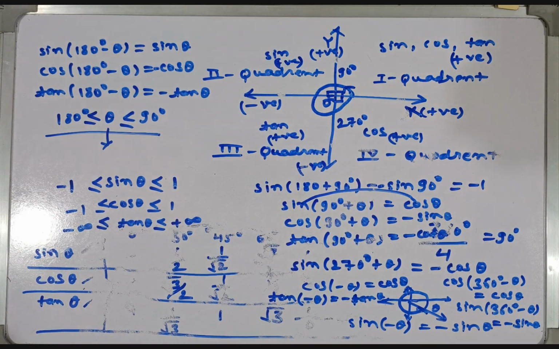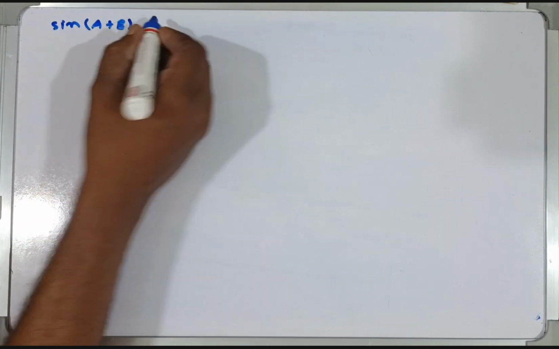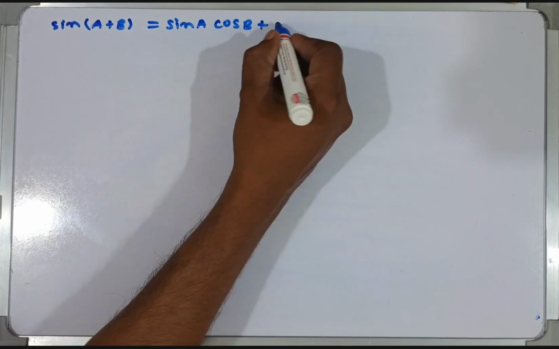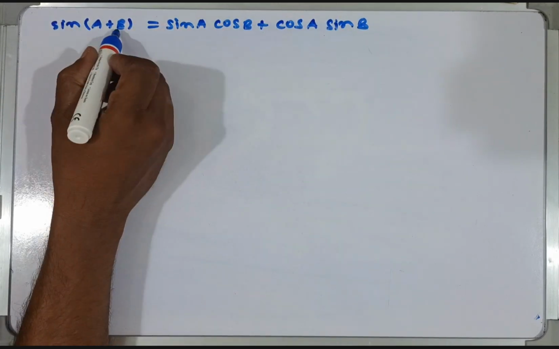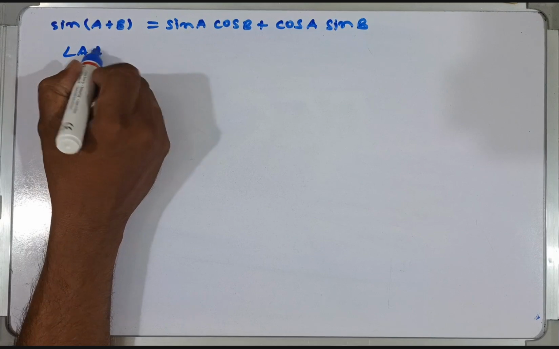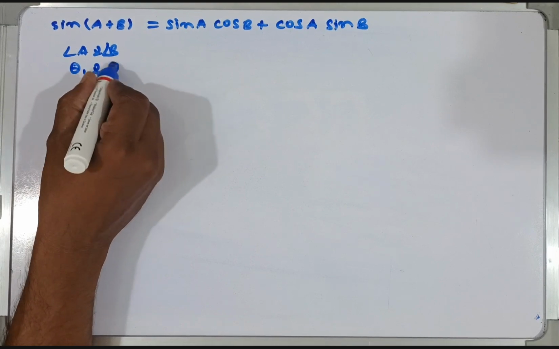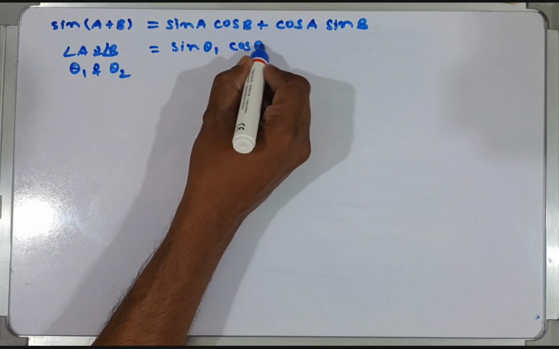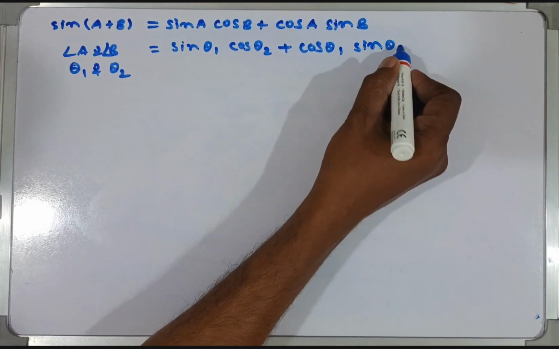Other trigonometry you need to remember: sine of a plus b equals sine a cos b plus cos a sine b. Here a and b are angles, and if they are theta 1 and theta 2, then we write sine theta 1 cos theta 2 plus cos theta 1 sine theta 2.